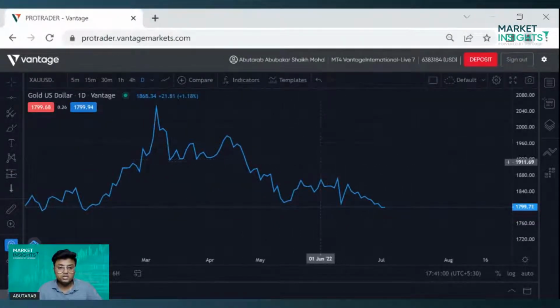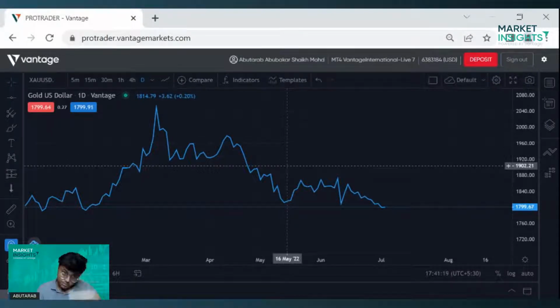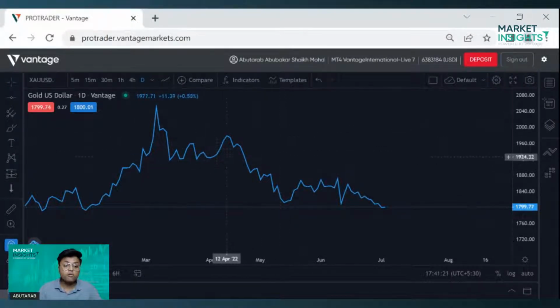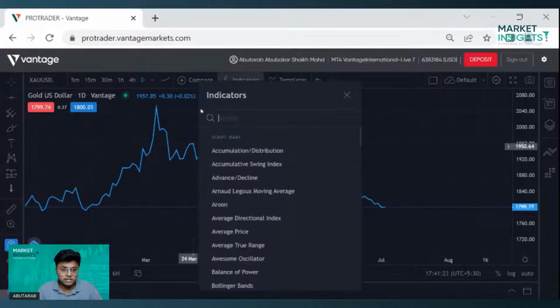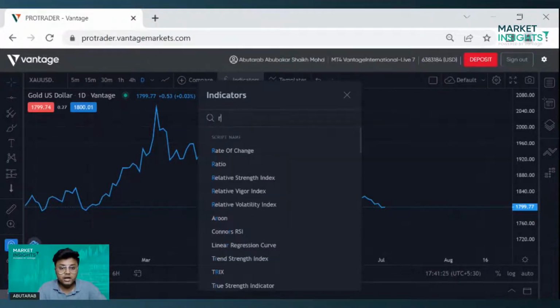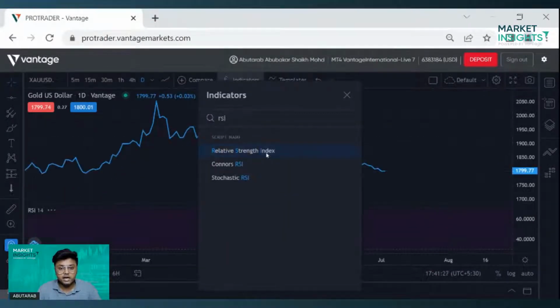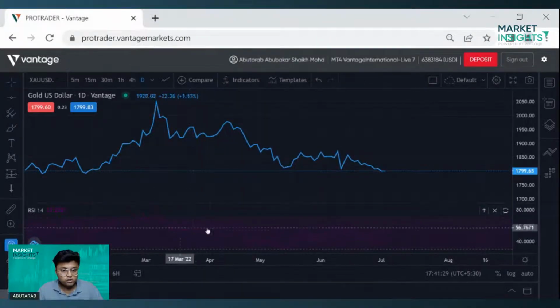Usually it is not recommended that you follow this chart while you are making trades and analyzing the market. Usually we use different types of charts, but the line chart has its own advantage and utility. You may ask, what is the advantage of a line chart, sir? Any form of indicator that you have, let's say any momentum indicator like RSI, you build it up, you see a line chart.